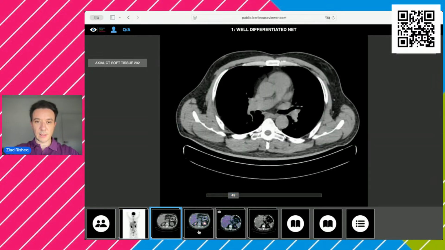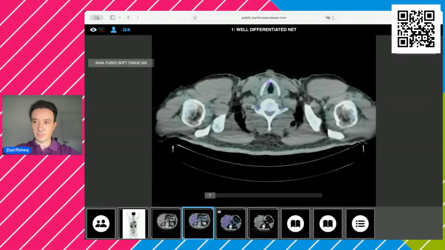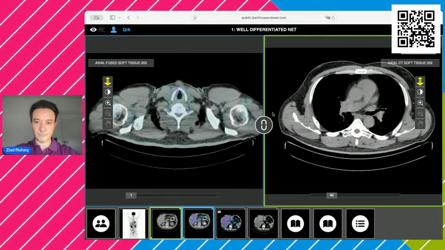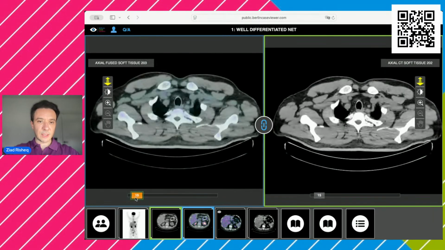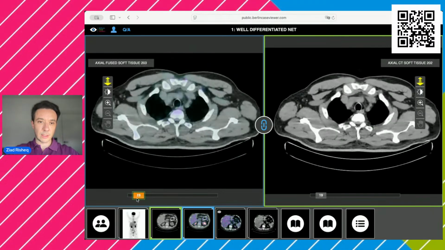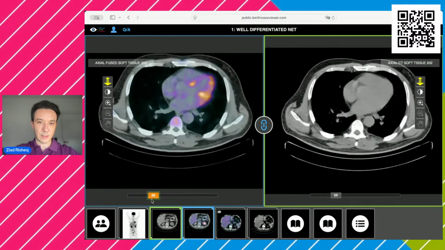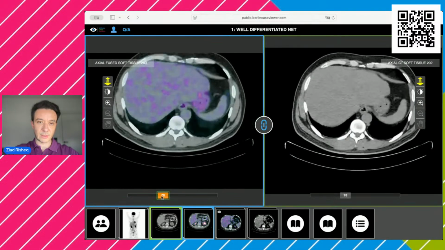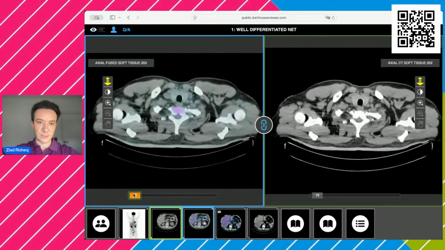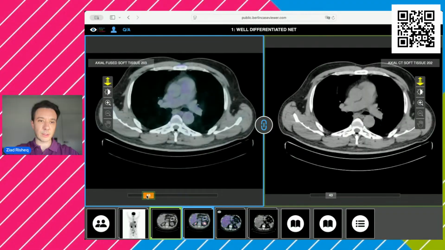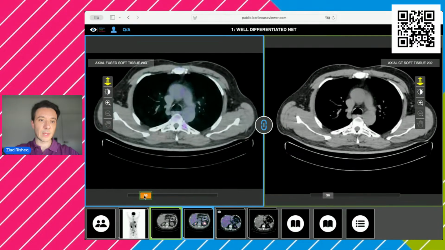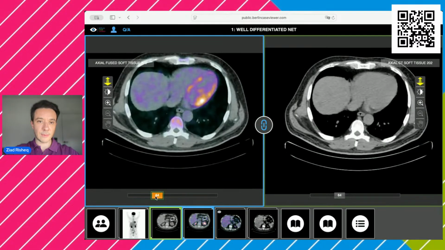So I'm going to put up the axial PET, and we're going to link it with the CT. There was nothing much going on in the chest and thorax. This is just normal myocardial activity. And in the neck, there was nothing interesting, no thoracic lymphadenopathy or axillary lymphadenopathy.